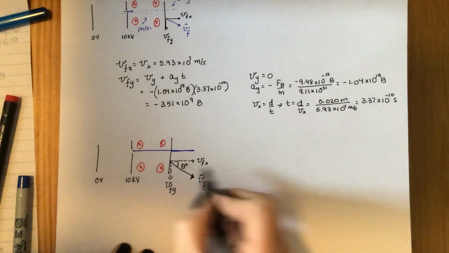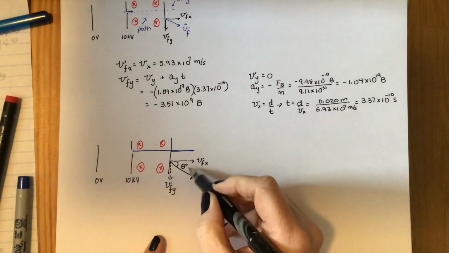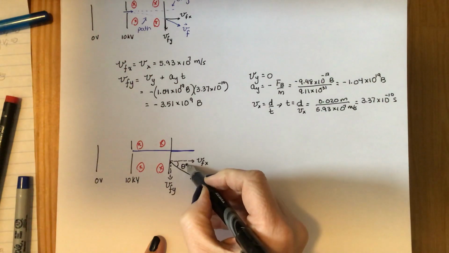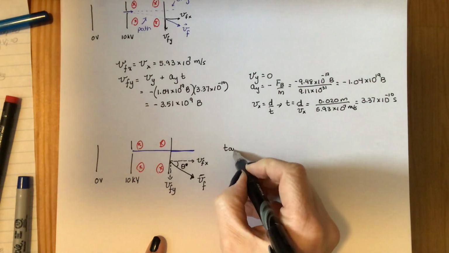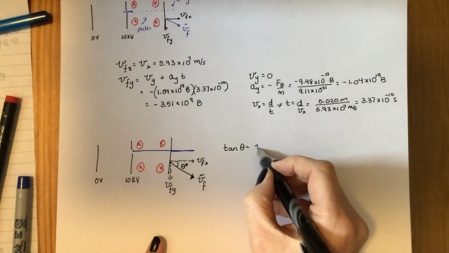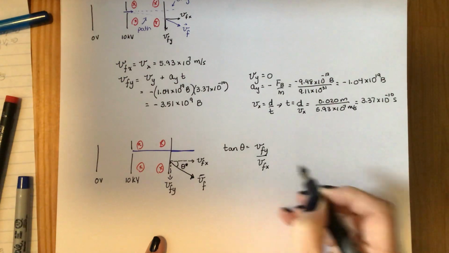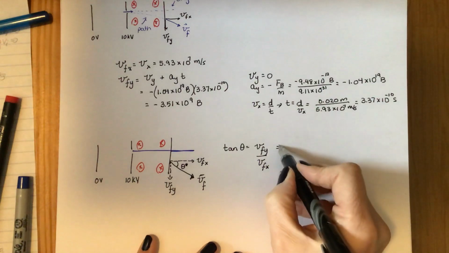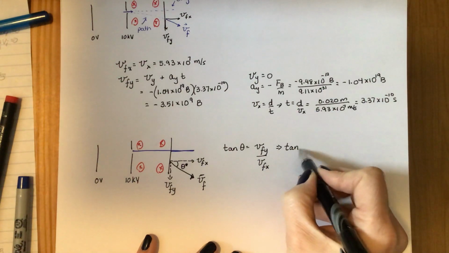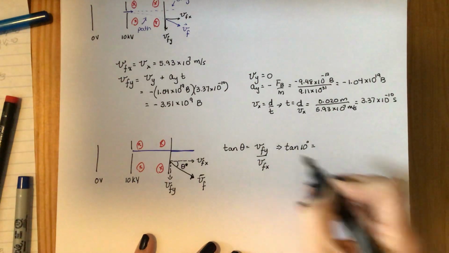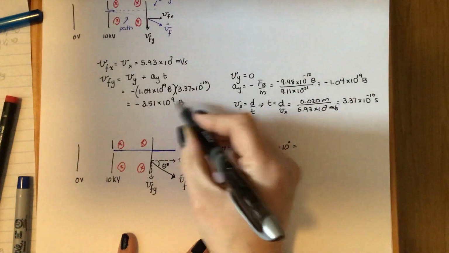Well, if we think about our trig, then tan of theta equals V final y, the magnitude, divided by V final x, the magnitude. We know theta is 10 degrees, so tan of 10 degrees equals V final y. Well, we had that up above. Remember, this is the magnitude.